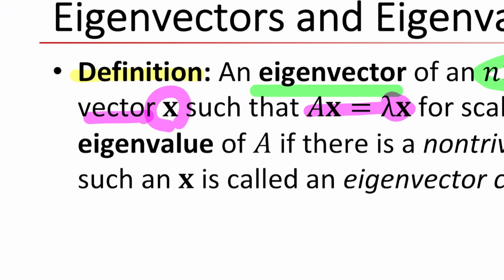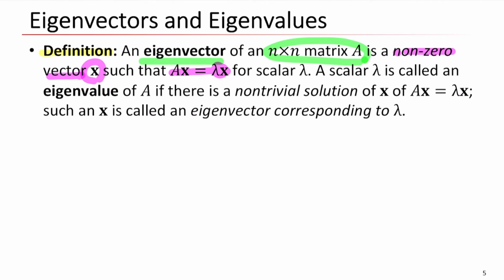Technically, the eigenvector is the non-zero vector that satisfies this equation. And the scalar lambda is called the eigenvalue of matrix A if there is a non-trivial solution x that satisfies this equation.